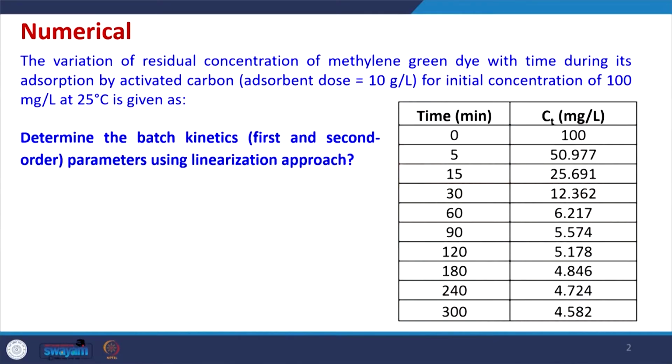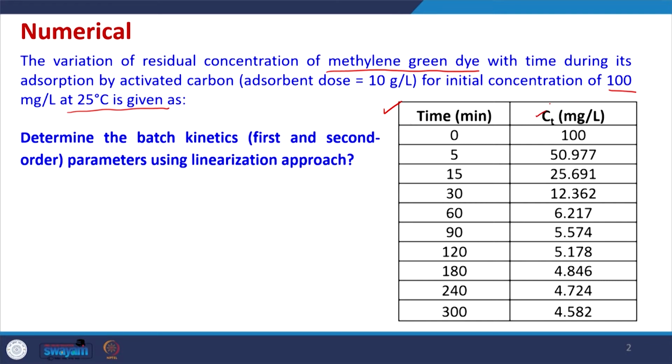The data given here is the variation of residual concentration of one dye, methylene green dye, with time during its adsorption by activated carbon, for an initial concentration of 100 milligram per liter at 25 degree centigrade, given in this table. In the previous lecture we found that we get the data only as time versus Ct.